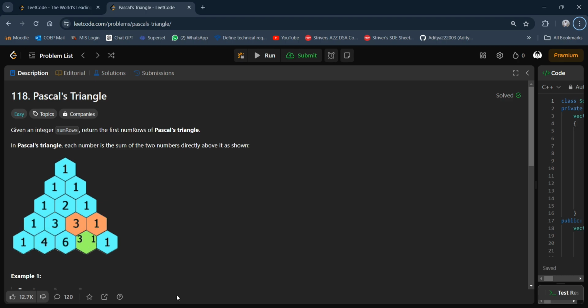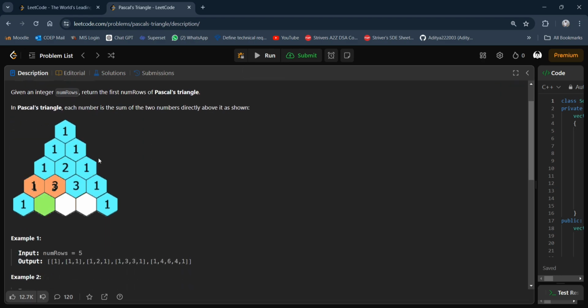In this LeetCode question, they will provide us the number of rows, and we have to return all the Pascal's triangle arrays in the form of a vector. It means we have to return the rows.